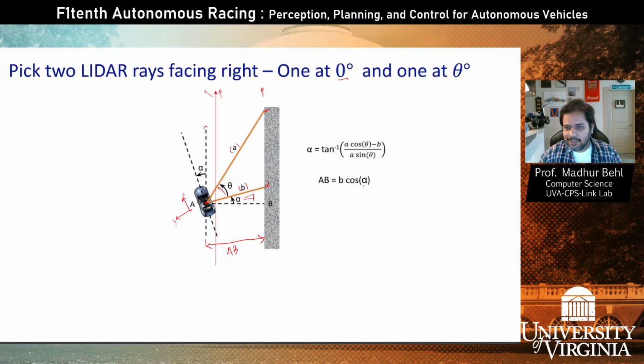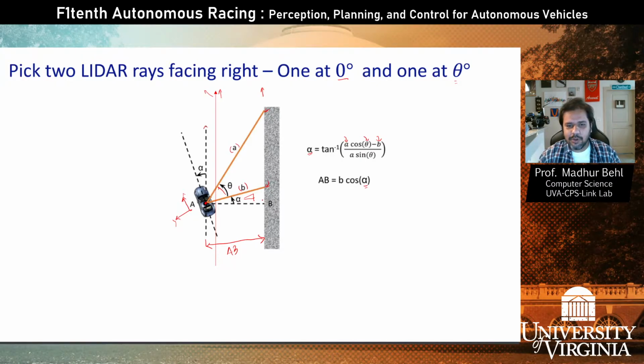But we don't know alpha, and from geometry you can convince yourself that alpha is the tangent inverse of this expression, which depends upon A, which is given by the LiDAR, B, which is given by the LiDAR, and theta, which is your design choice. You can pause and do some old-school pen and paper writing to convince yourself that this relationship is true. Once we know alpha, then we know AB. And AB is just the cosine component of this distance B to the wall.